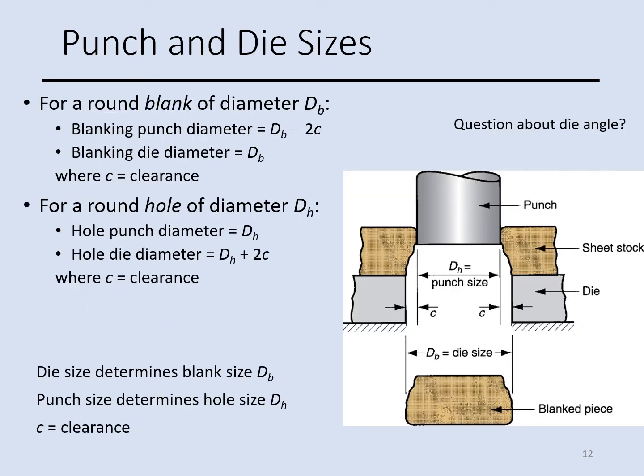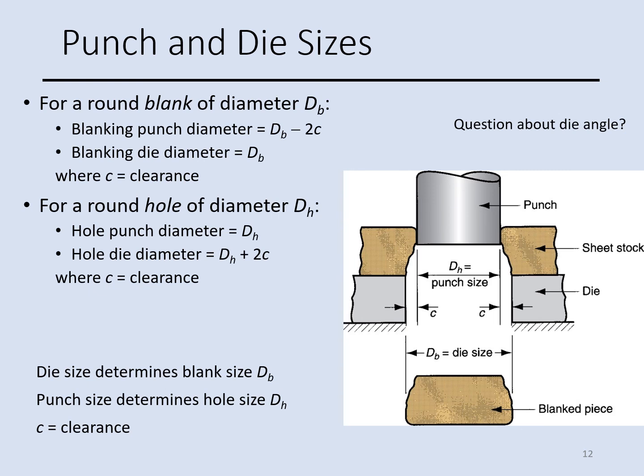When we want to design punch and die sizes in the sheet metal cutting operations, we have to look at the diameter of punch and diameter of the blank. So it's important which one we look at. For example, if we are looking for the blank, the diameter of die is important.